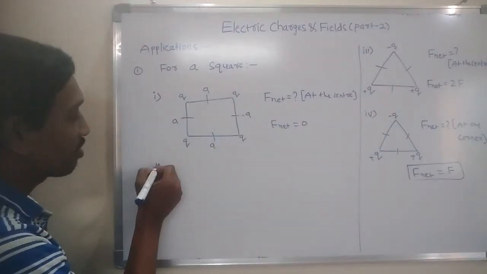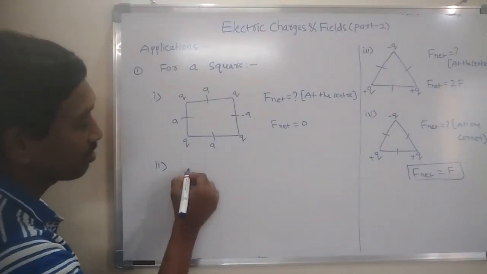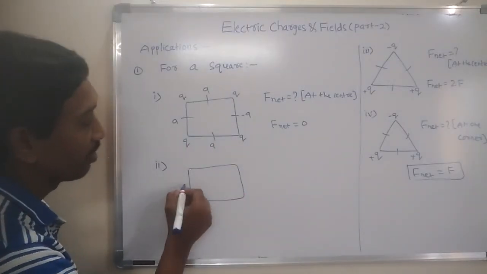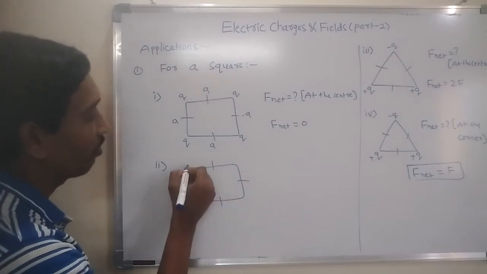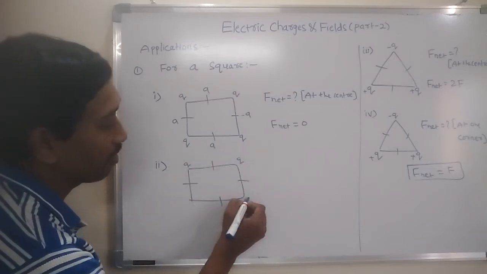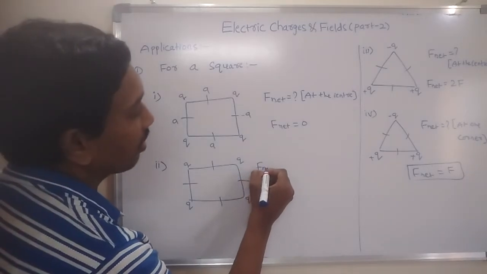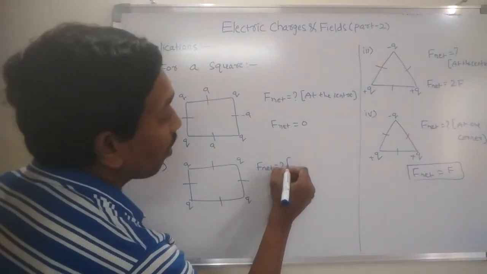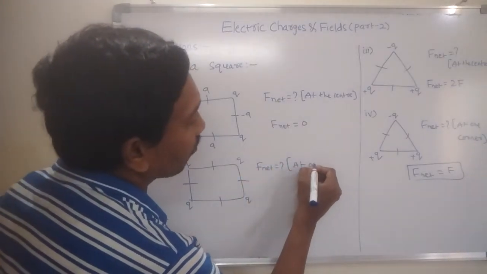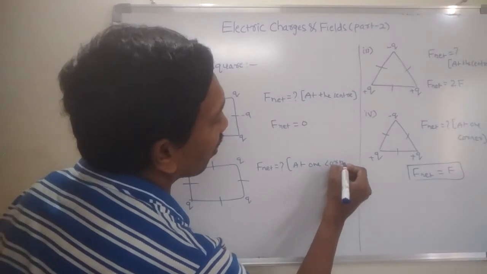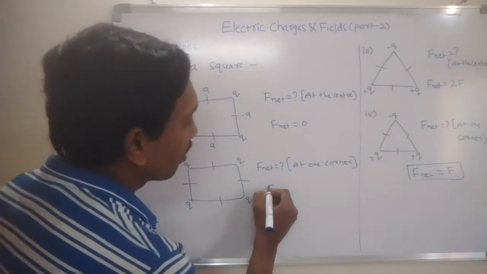Okay, now next here, one more application. Suppose given a square, the sides are equal. Four charges are placed here, Q, Q, Q, Q. So these are identical charges. But asking here resultant force, now at one corner. At one corner, what is the resultant force here?